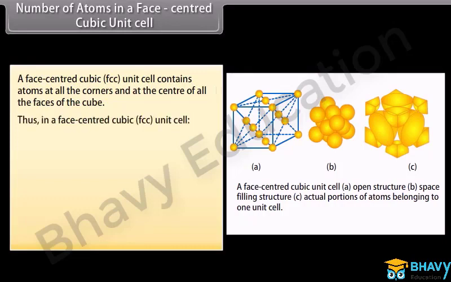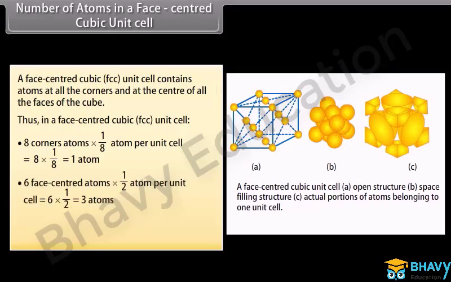Thus, in an FCC unit cell, 8 corner atoms into 1 upon 8 atom per unit cell equals 8 into 1 upon 8, which is equal to 1 atom. 6 face-centered atoms into 1 upon 2 atom per unit cell, which is equal to 6 into 1 upon 2, which equals 3 atoms. Therefore, total number of atoms per unit cell is equal to 4 atoms.